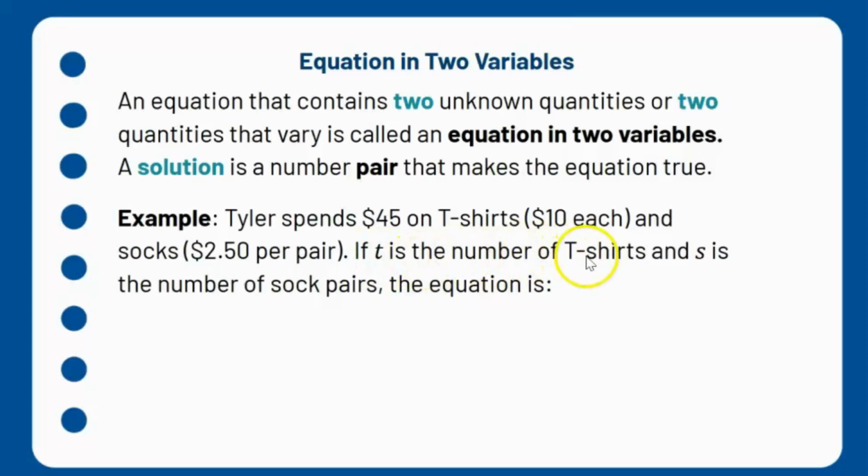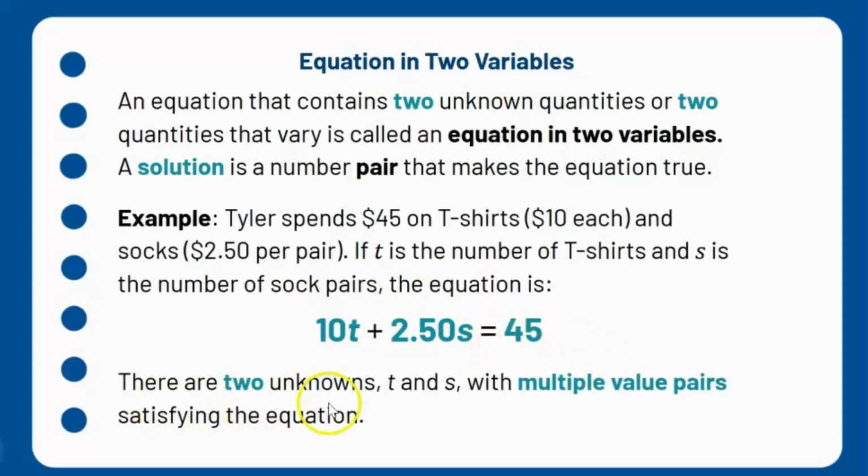If T is the number of t-shirts and S is the number of sock pairs, the equation is 10T plus 2.50S equals 45. There are two unknowns, T and S, with multiple value pairs that will satisfy the equation. This means there is more than one correct solution to this problem.